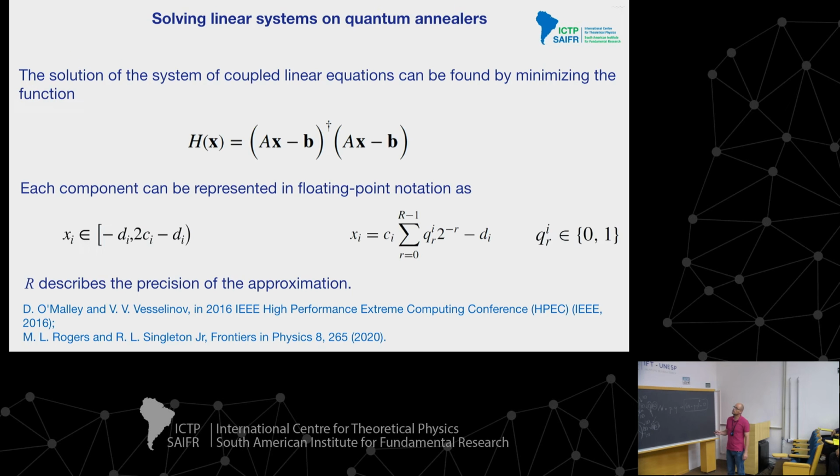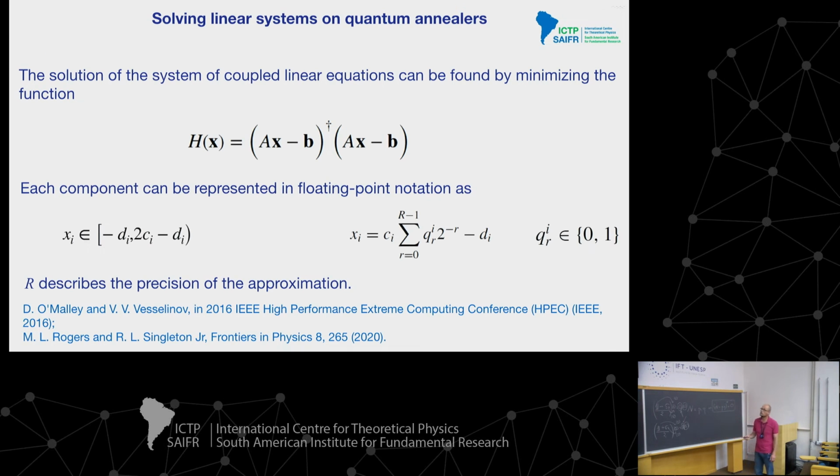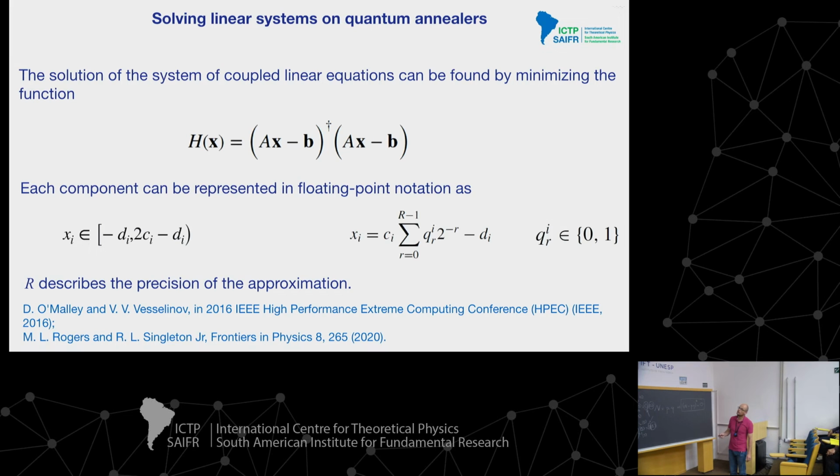Our goal is to find the values of q, that are the bits, 0 or 1, that at the end of the computation will return the values of x_i, right? C and D are constants that I define to set the interval in which I will represent my variable x_i.